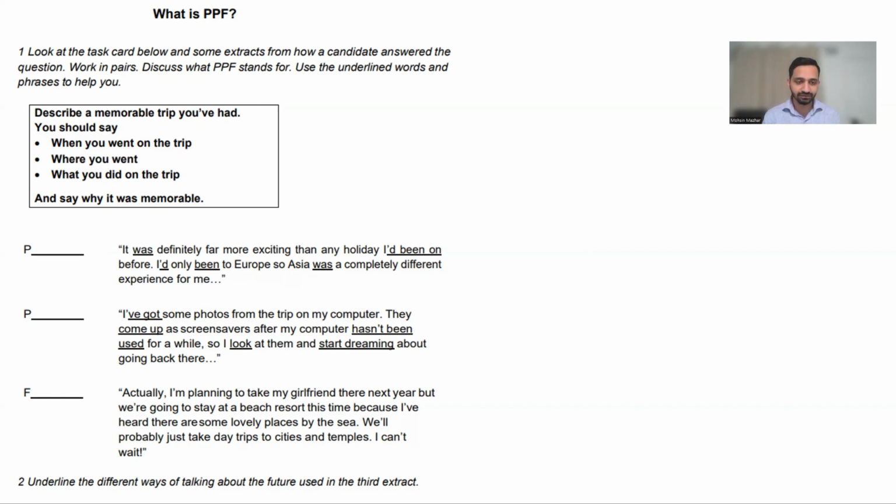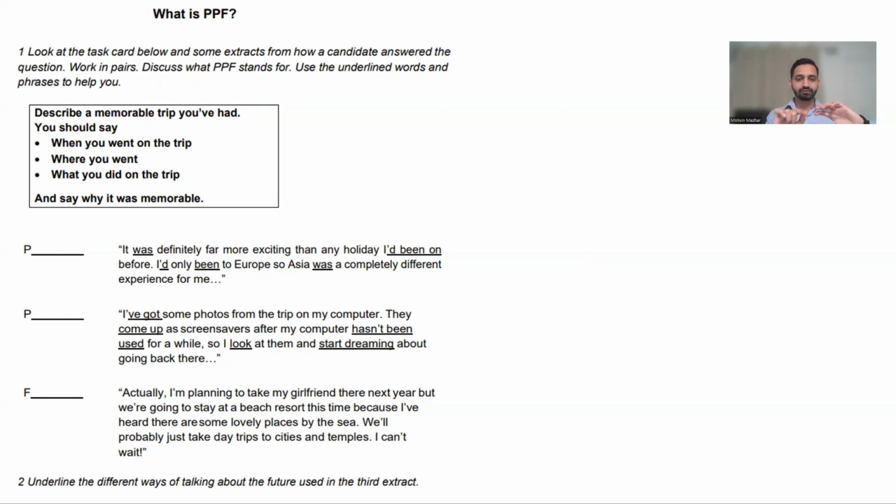In this activity, I want you to look at number 2 at the bottom. It says underline the different ways of talking about the future used in the third extract. The third extract is about the future, right? Underline the phrases that are used. In the past, you could see 'was' and all of these tenses, the helping verbs and the verbs, the auxiliary and the verbs, are used to describe the past.